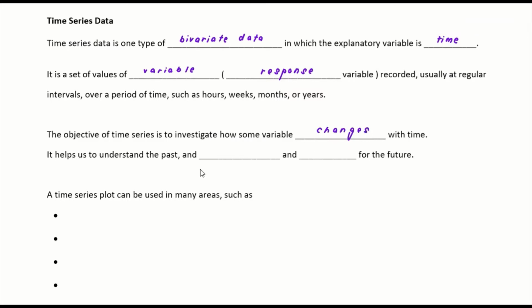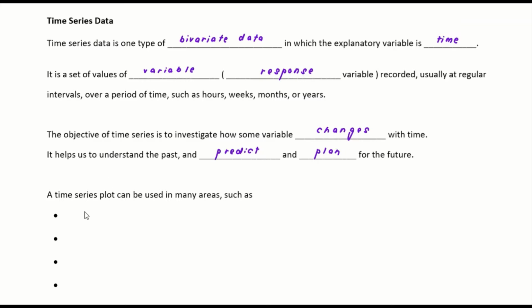Later I'm going to give you some examples, then you'll understand it better. It's actually quite simple. It helps us to understand the past. By observing what happened in the past, we try to predict and also use the result to plan for the future. Let me give you a simple example here.